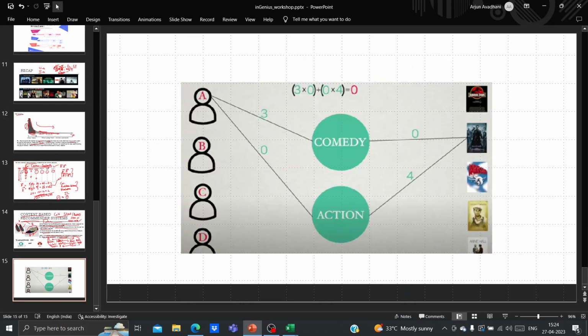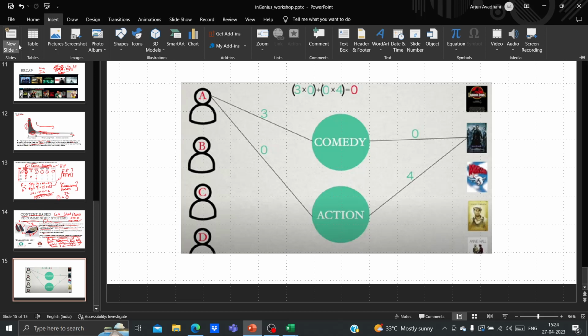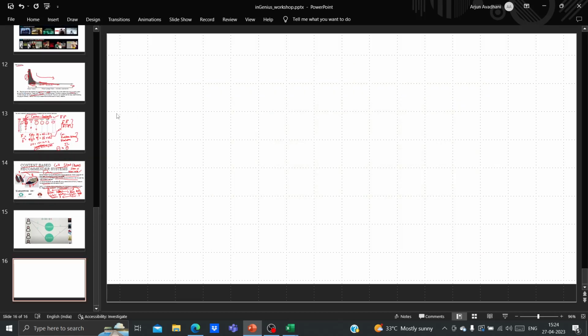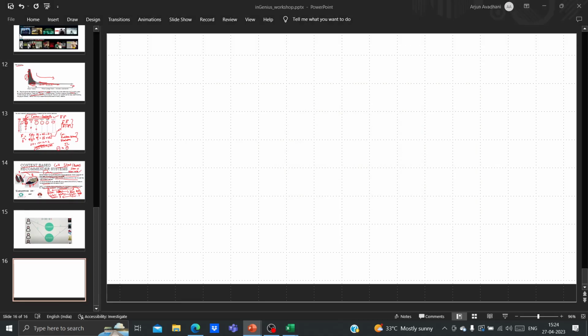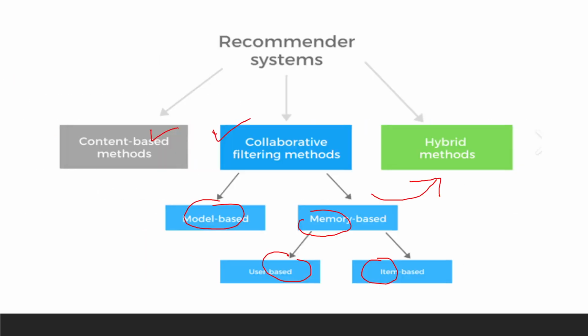Before I go, I just want to tell you one more thing. So far we've spoken a lot about ratings, and there are two ways in which you can actually take these ratings. I told you about maybe the user has rated this book this much and so on. There are two broad classifications of ratings.